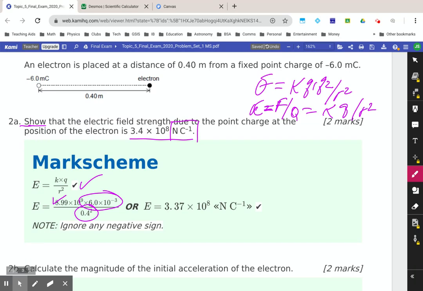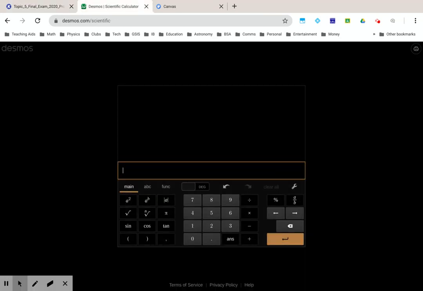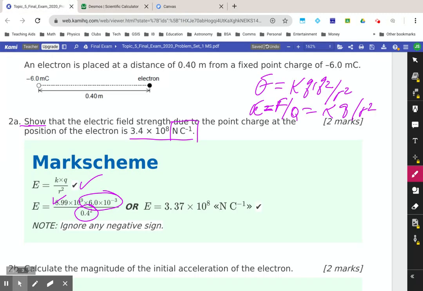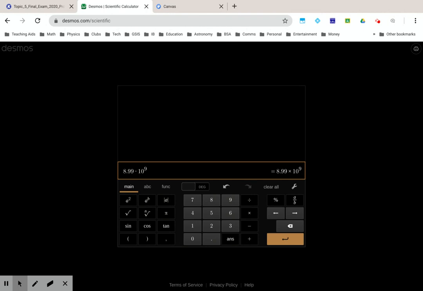That's 8.99 times 10 to the ninth power, about 9 times 10 to the ninth, times 6 times 10 to the negative third, and this whole thing is divided by 0.4 squared.